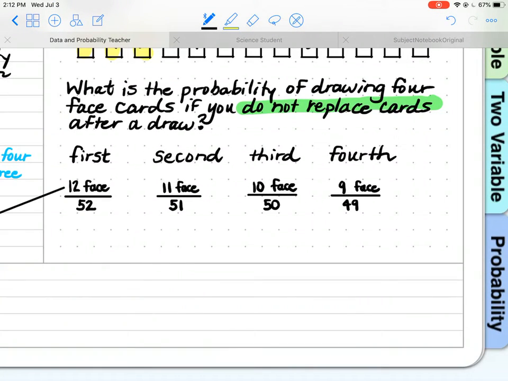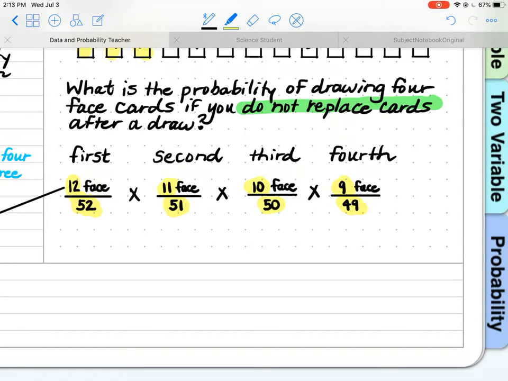So we want to know the probability that this will happen, that we get a face card 4 times in a row. I won't bet on this one, guys. So let's multiply and see what we come up with. The first fraction I'm going to multiply is 12 over 52, times 11 over 51, times 10 over 50, times 9 over 49.